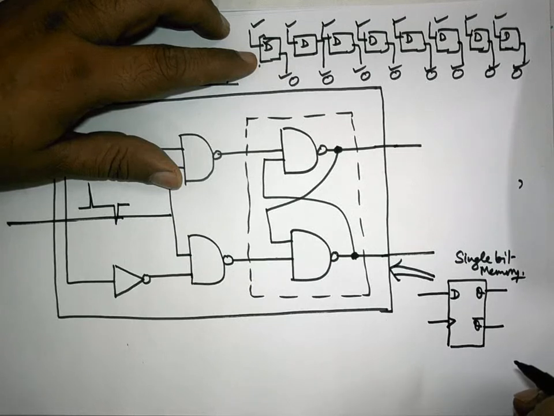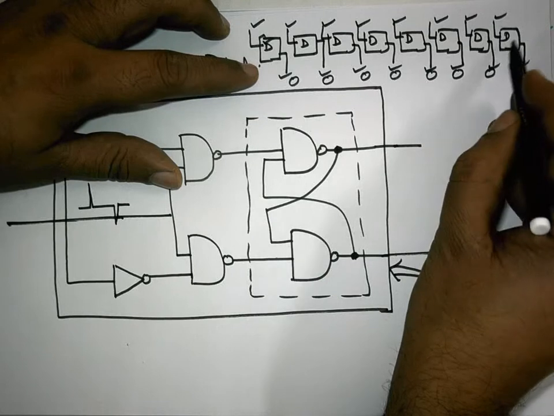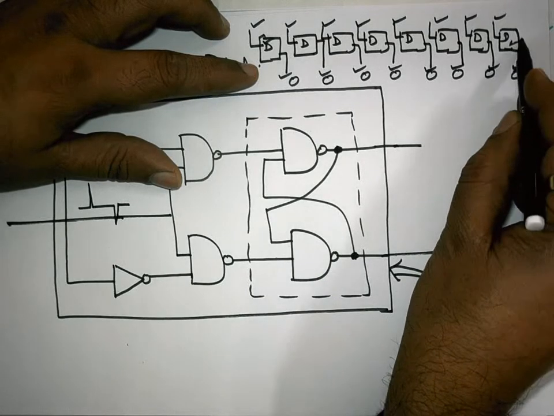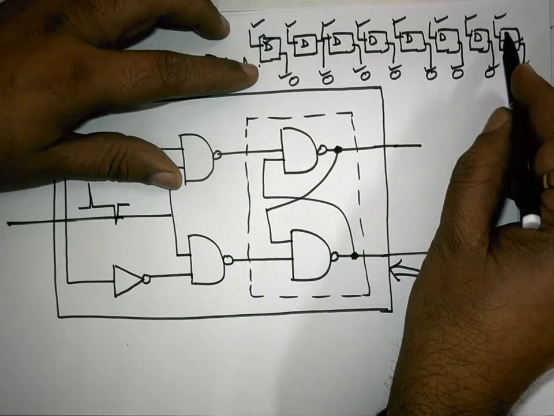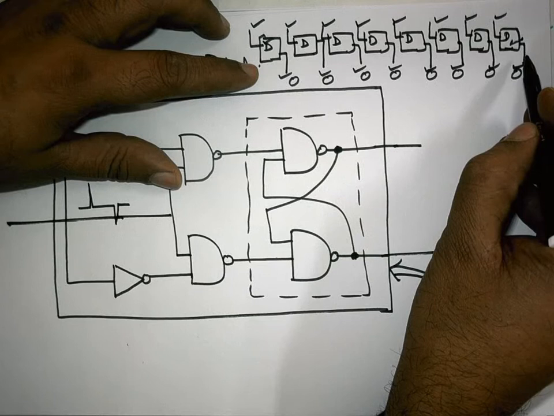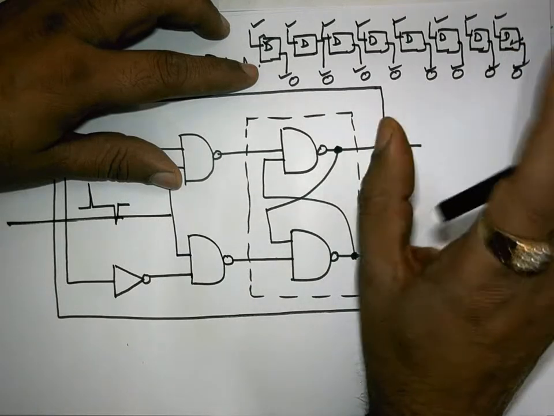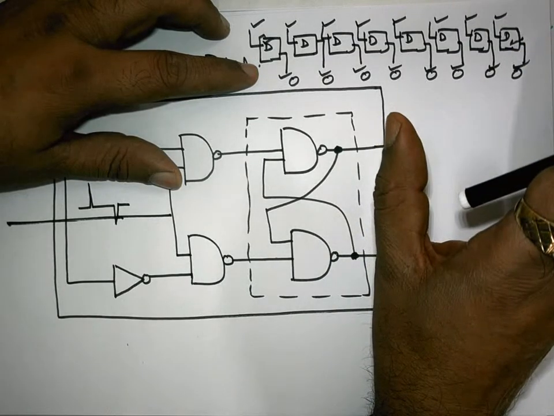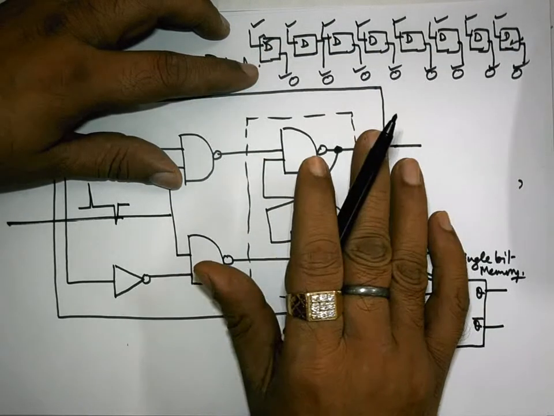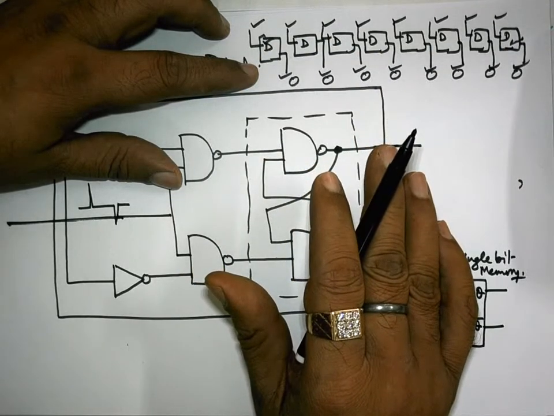What is the way? There is one very simple way which may appear to you, that you will pick up this bit and apply 0 at D and you will get 0 at the output. This way you can make all the bits 0, but this is not a very intelligent action if you have to make the content of the whole block 0.